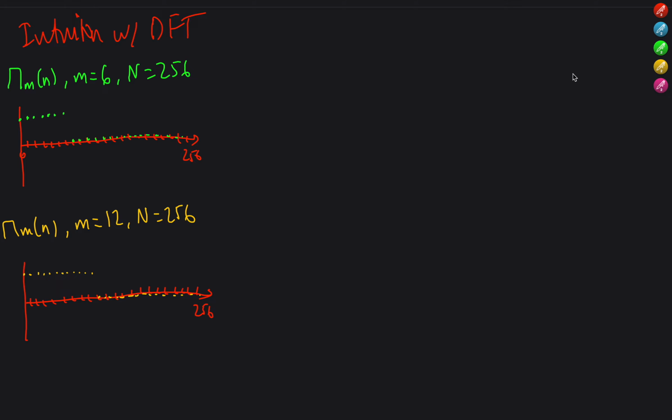My question to y'all is, what do you think the DFT of both of these signals will look like? I don't mean draw it from scratch, I mean intuitively. Let's review: the DFT is going to tell us, for a given frequency K, a frequency of 3, how much do you contribute to this signal?